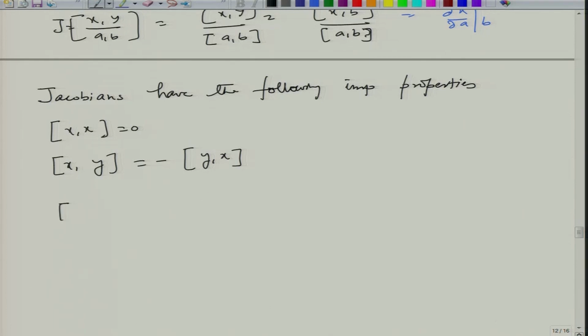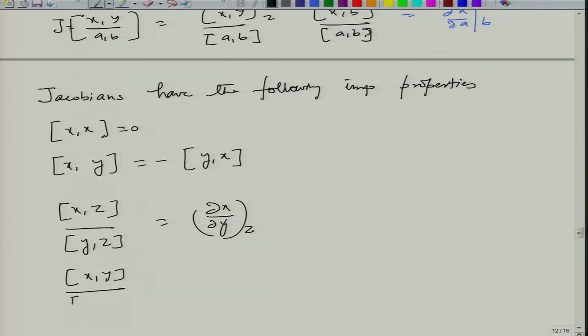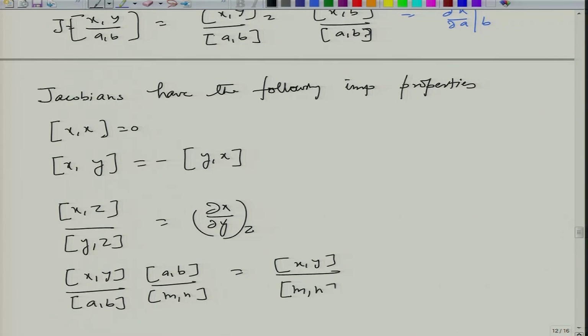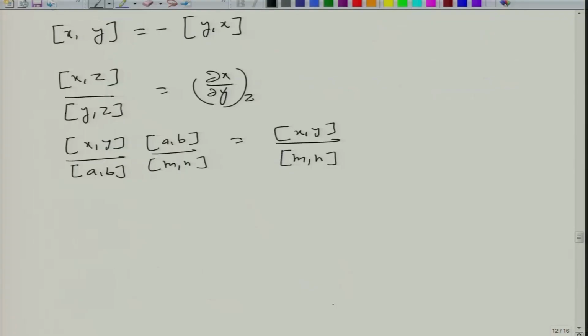So ∂(x,z)/∂(y,z) is nothing but del x by del y keeping z constant. For convenience we write it in this way. It's easy for us to make use of in our analysis. So for the case of ∂(x,y)/∂(a,b) over ∂(a,b), the a b get cancelled, so this is nothing but ∂(x,y). Okay, so these are the properties here.